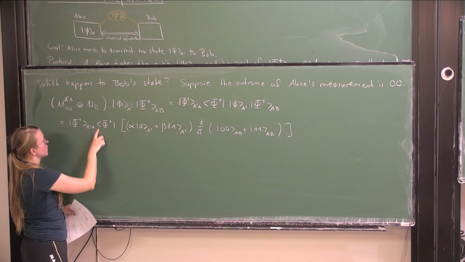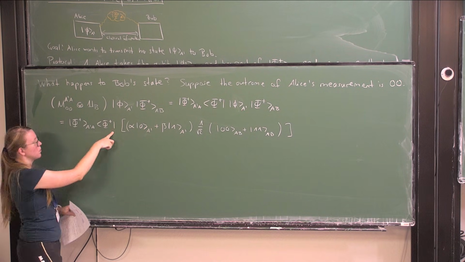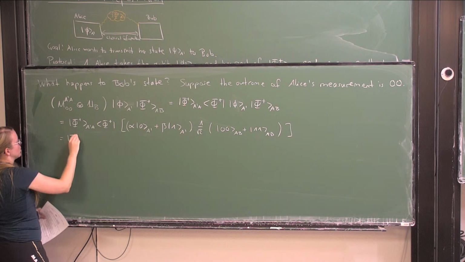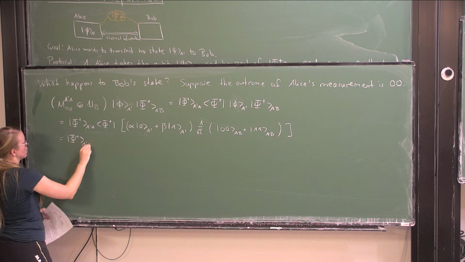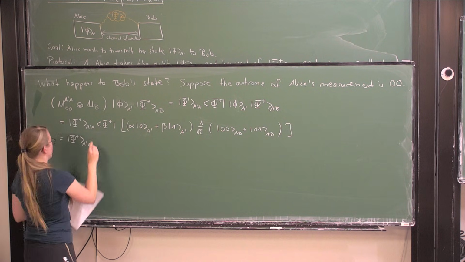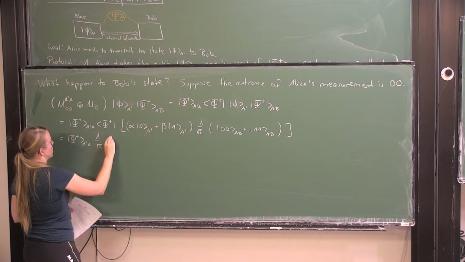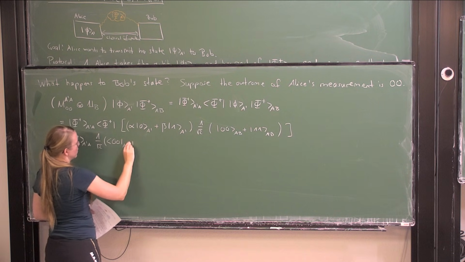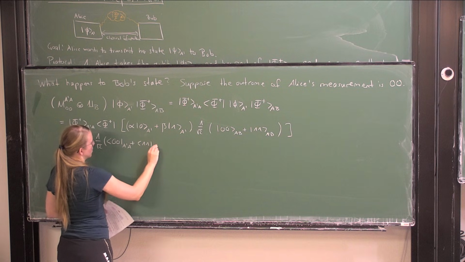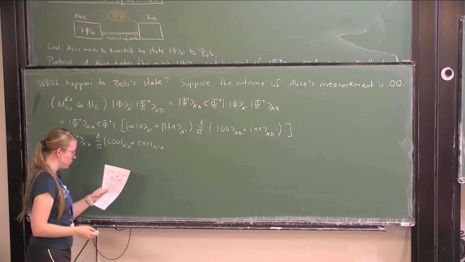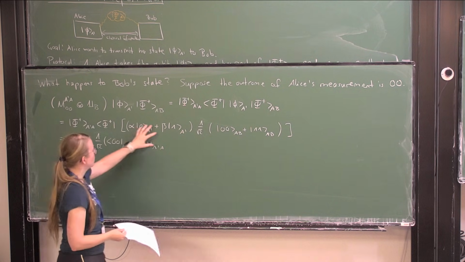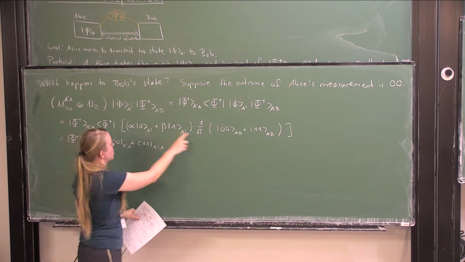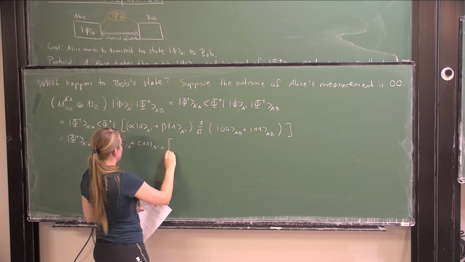Now I insert this part of the measurement thing. I'll leave the first one still as it is. So I get these states on A. And here I rewrite this as a state on all three systems and put together all the different combinations.